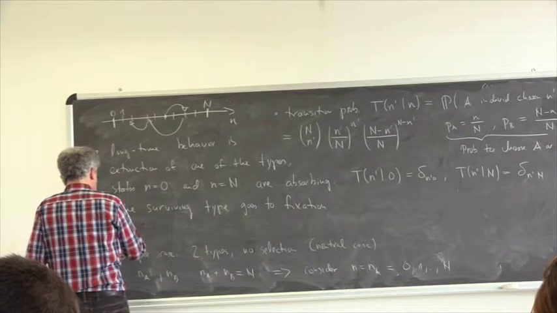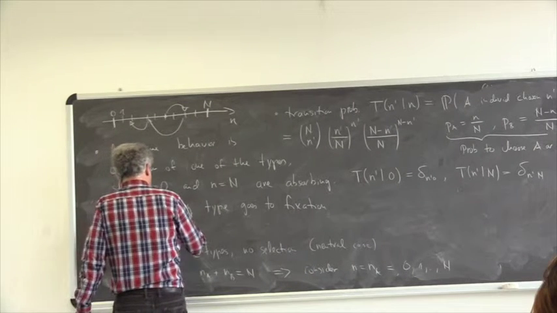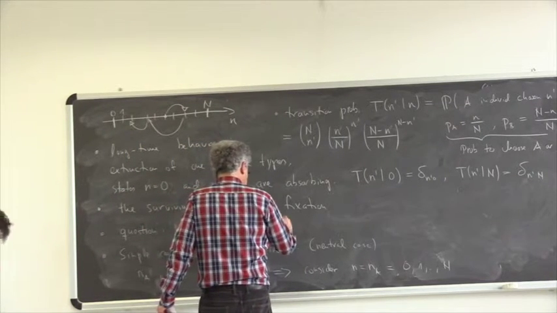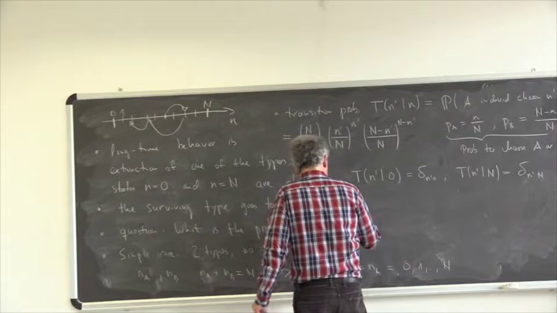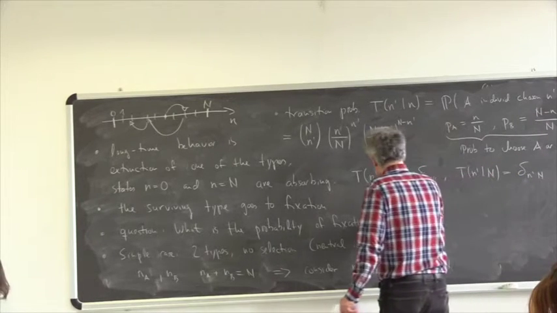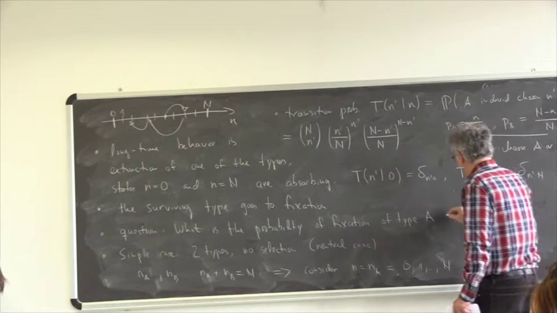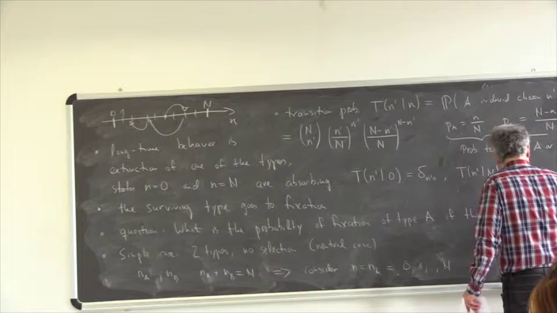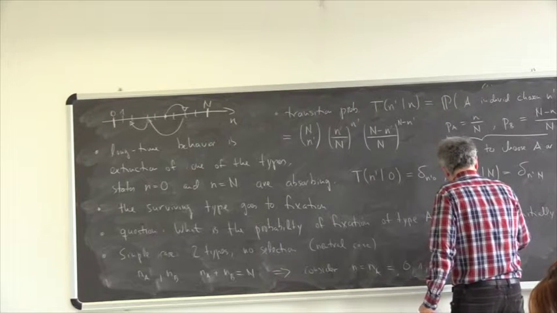So the first question is: what is the probability of fixation of type A if there are initially small n individuals of type A?